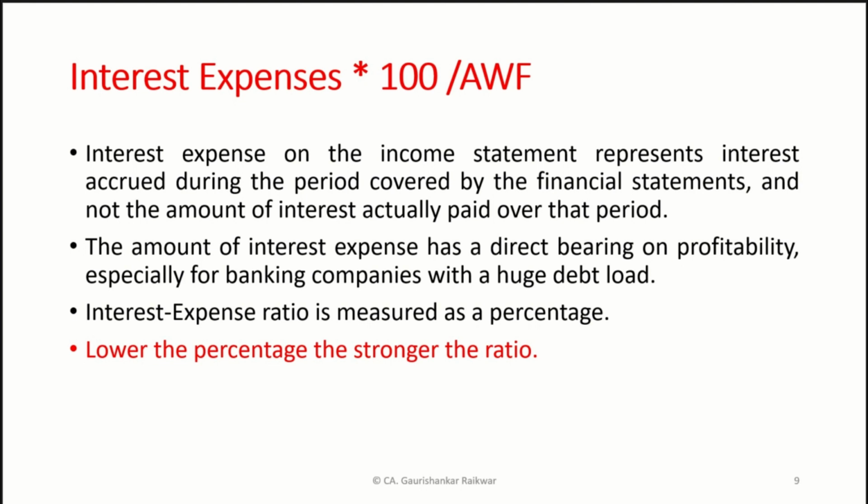So the lower the percentage, the stronger the ratio. When we compare the interest expenses of A bank with B bank, the bank with the lower percentage of interest expenses is in a better position to use its deposits and earn income through advances.